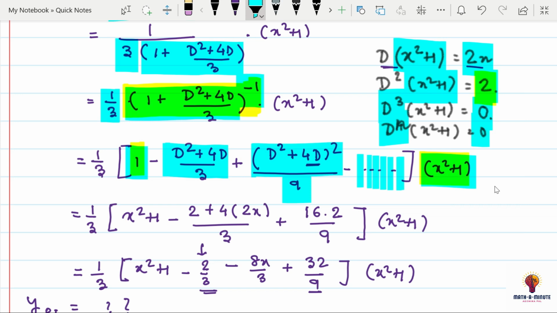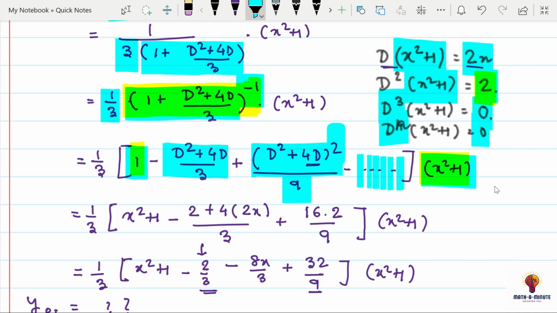For this reason we only have to take up to the third term, because in the third term the index value is 2. In the next term the index value will be 3, and there D cube of the function is 0. So we just have to take these three terms.